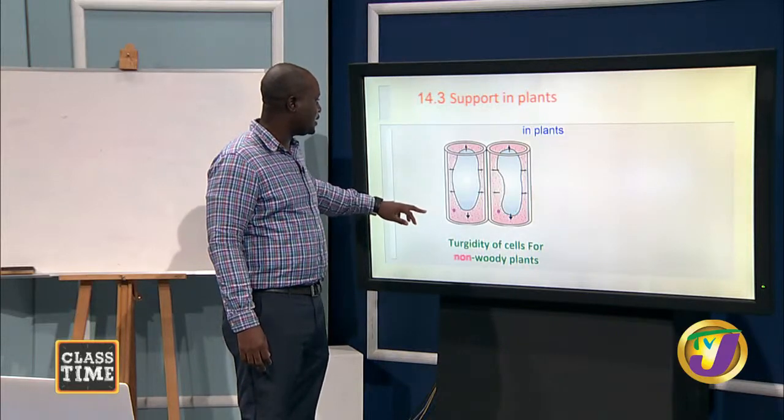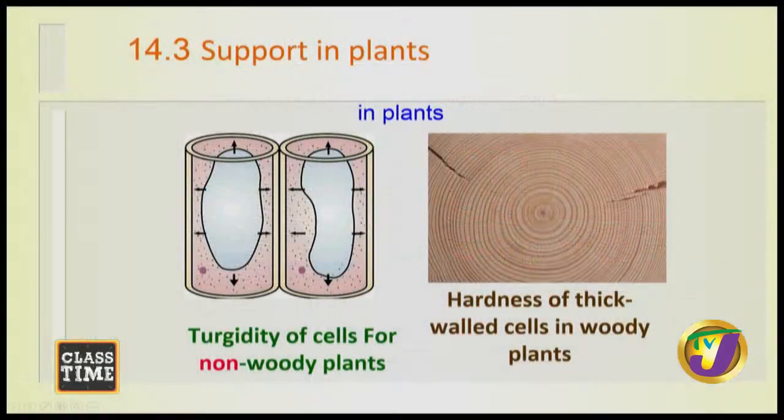And I said that is not permanent. Right? The permanent is structural, which is due to lignin deposit within the cell wall. So plant support is by physiological means through turgidity of cells, and also structurally by lignin deposit in cells.